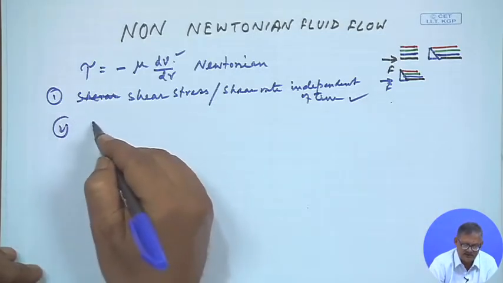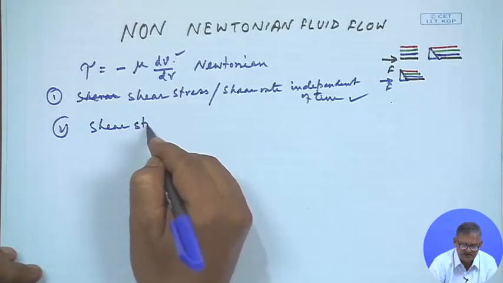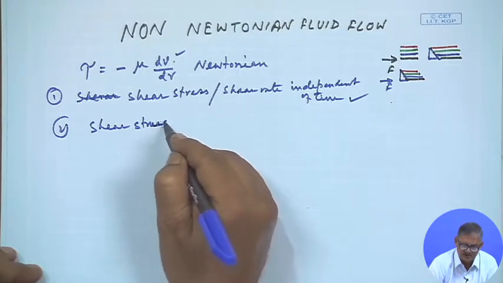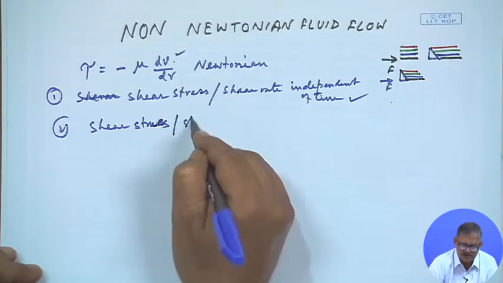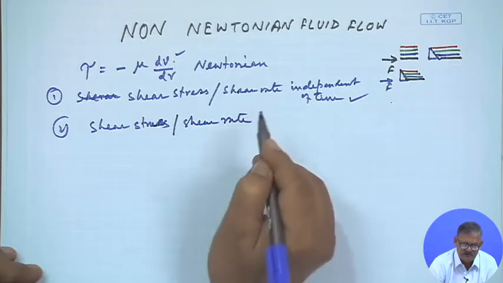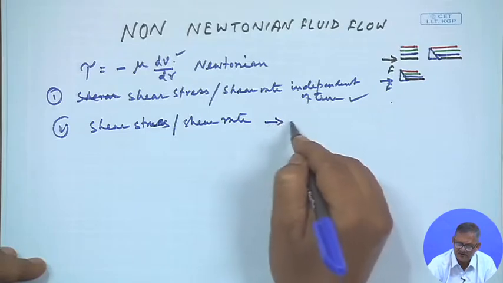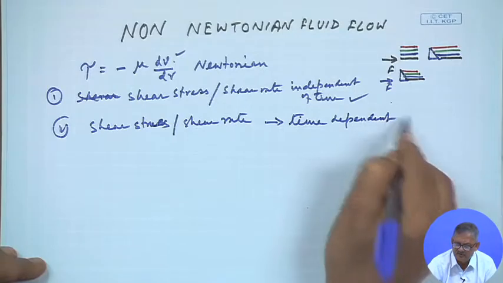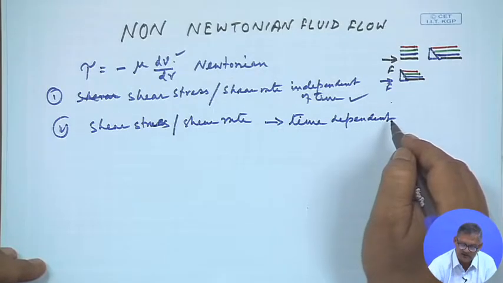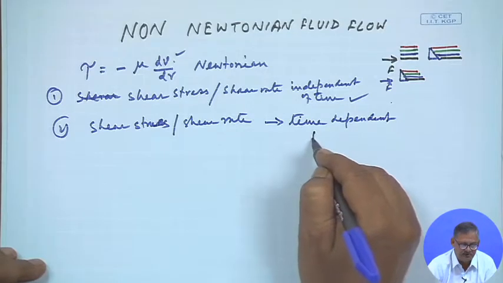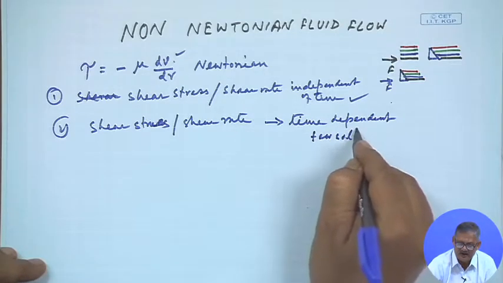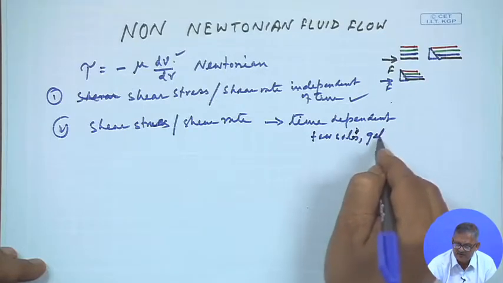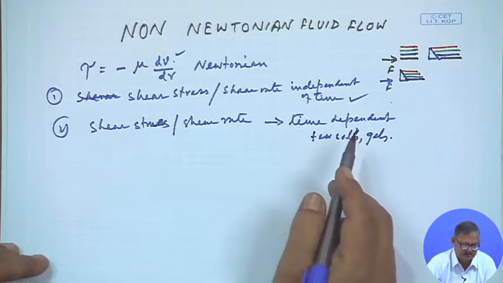And the other where the shear stress to shear rate relationship is time dependent, right. So, when it is time dependent, that is another type, for example, few salts, gels, they follow this type of relations, right.